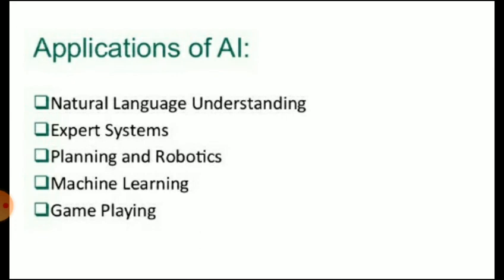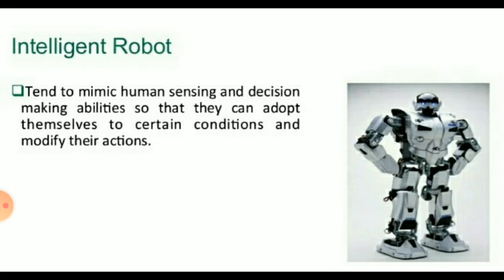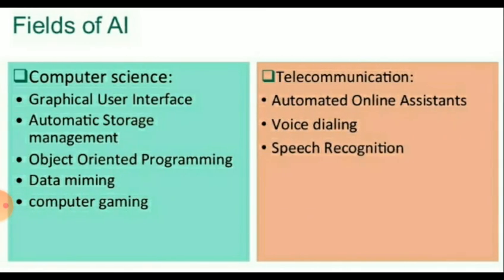Then applications. Some applications are natural language understanding, expert systems, planning and robotics, machine learning, and game playing. This is an intelligent robot. It tends to mimic human sensing and decision making abilities so that it can adapt itself to certain conditions and modify its actions.